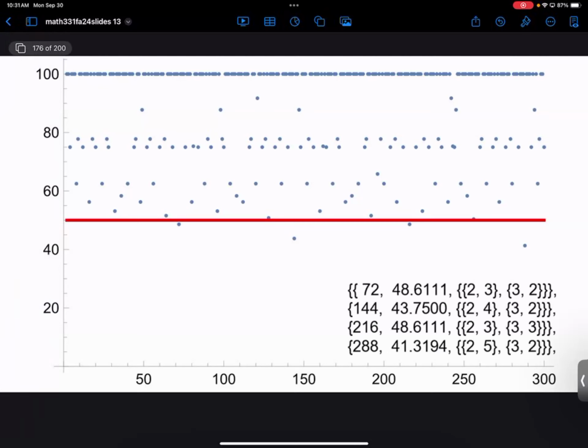And this is just displaying what they are: 72, 144, 216, and 288. If you know Mathematica, you might be able to figure out what the stuff on the far right is. Any thoughts, anything that you notice about these numbers?